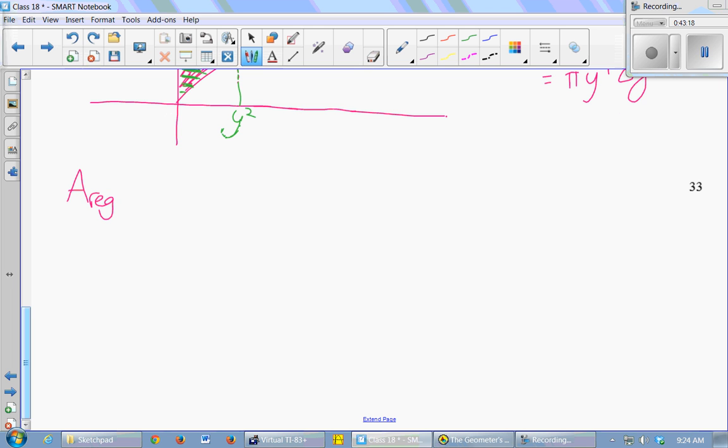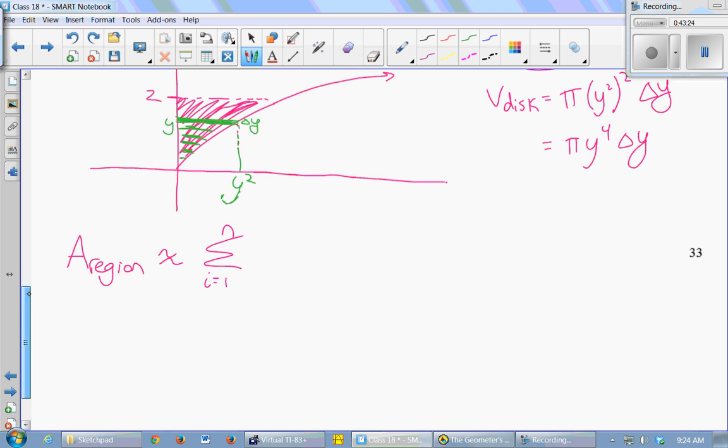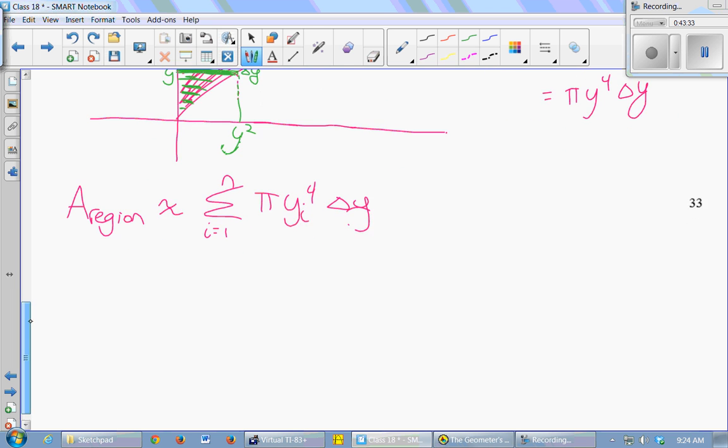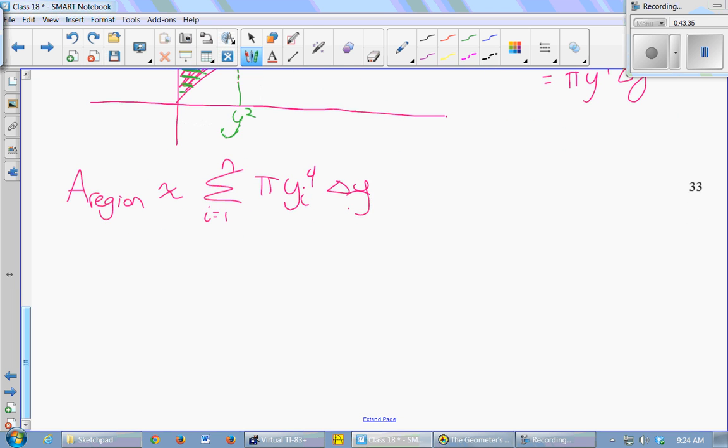So the volume of my solid will be approximately the sum of pi y_i to the 4th delta y. Then take the limit as n goes to infinity, and you get an integral of pi y to the 4th dy. Delta y becomes a dy.